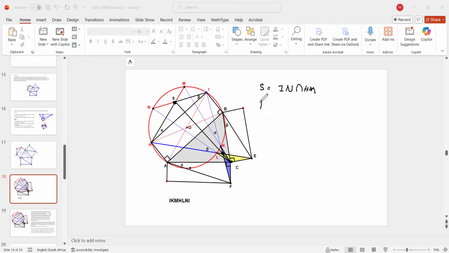Now, what about T? Well, by T, I mean this point here. Let's call this point here T. There's no place here. That is why I didn't put a T here. All right, so this point, this shaded point. Now, you'll notice that this point is an intersection of 2 chords, namely IK, if you extend it, and HL.